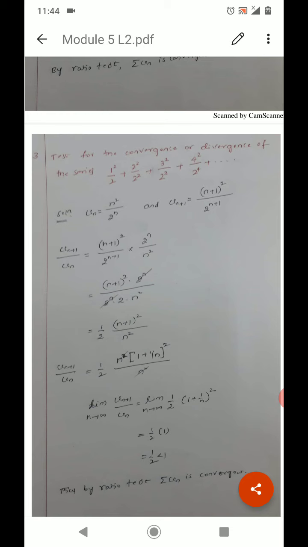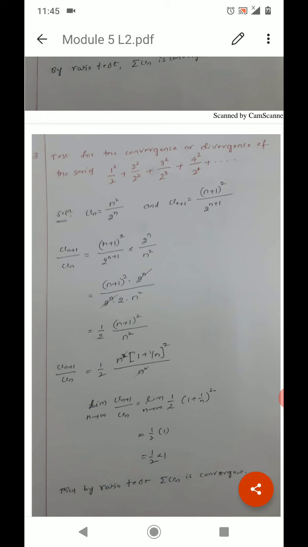Divide un+1 by un, which will be equal to (n+1) whole square divided by 2 power n+1 into the reciprocal of un, that is 2 power n divided by n square. Again, in the denominator 2 power n+1 can be written as 2 power n into 2.